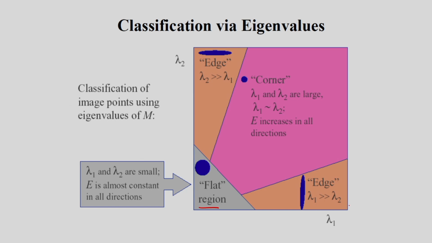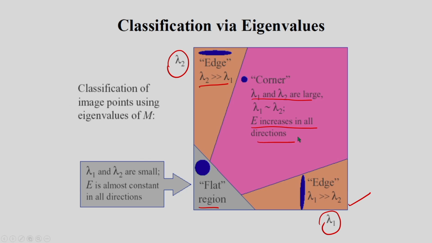Corresponding to the vertical edge, lambda 1 is greater than lambda 2. In the x direction I am plotting lambda 1, and in the y direction I am plotting lambda 2. Corresponding to the horizontal edge, lambda 2 will be greater than lambda 1. And corresponding to the corner points, both lambda 1 and lambda 2 will be large. That means E increases in all the directions.